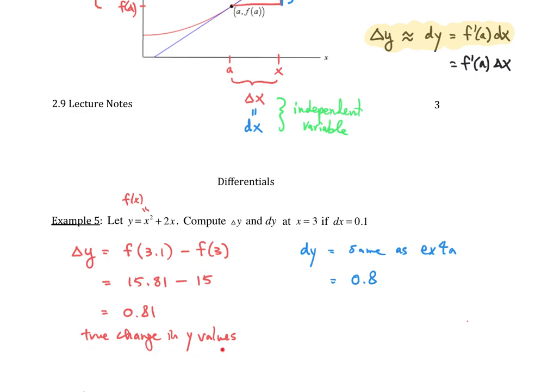The true change in the y values when you shift the x value by just a small amount, just 0.1, is going to be 0.81, okay? And our approximation for that was dy. When we did our example earlier, we saw that we got 0.8. And 0.8, well, that's pretty close to 0.81. So this shows that our differential is a good approximation for our true change in the y values.